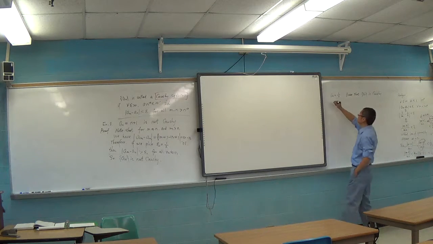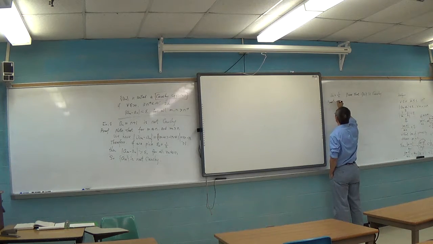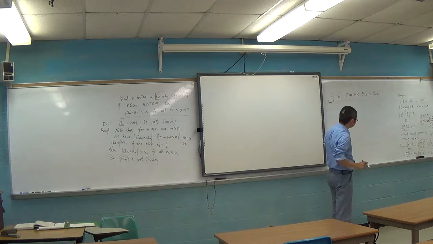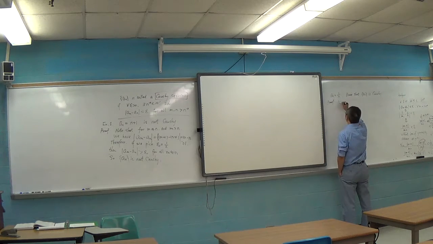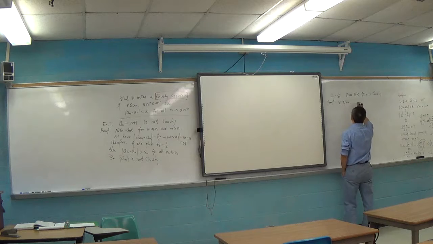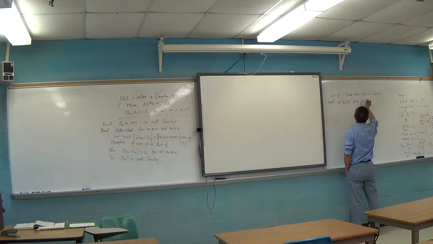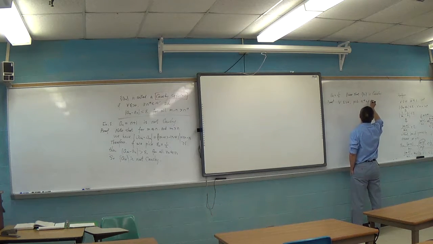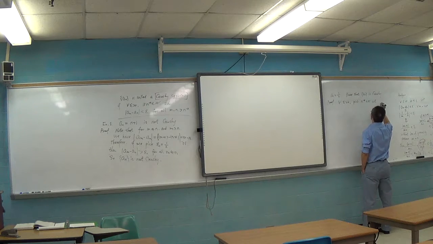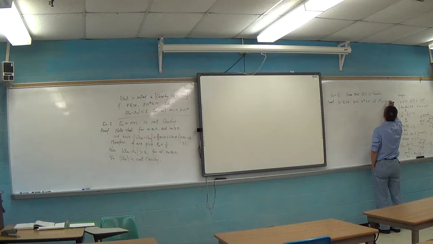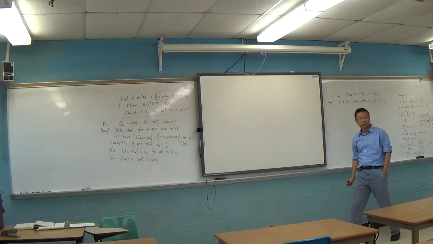Now the proof. This is an analysis proof. For any epsilon greater than 0, pick N star in the natural numbers such that N star is greater than 1 over epsilon.